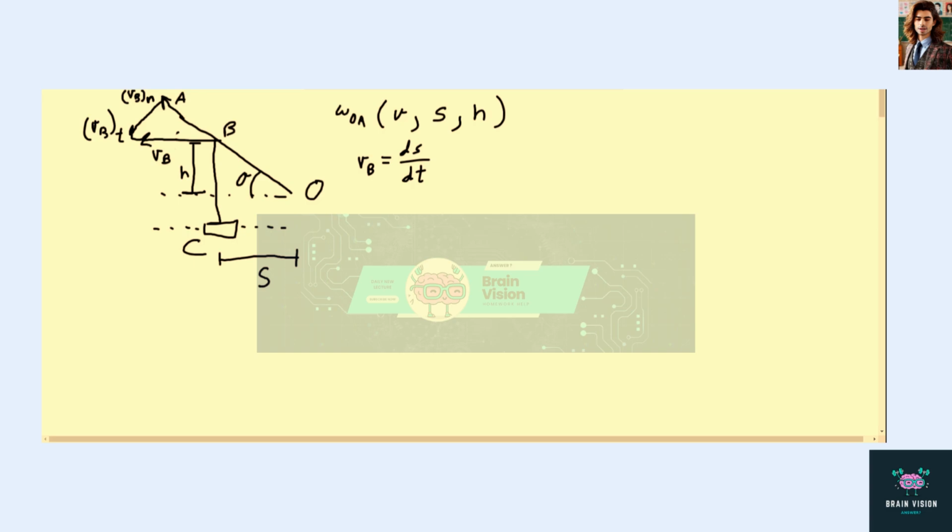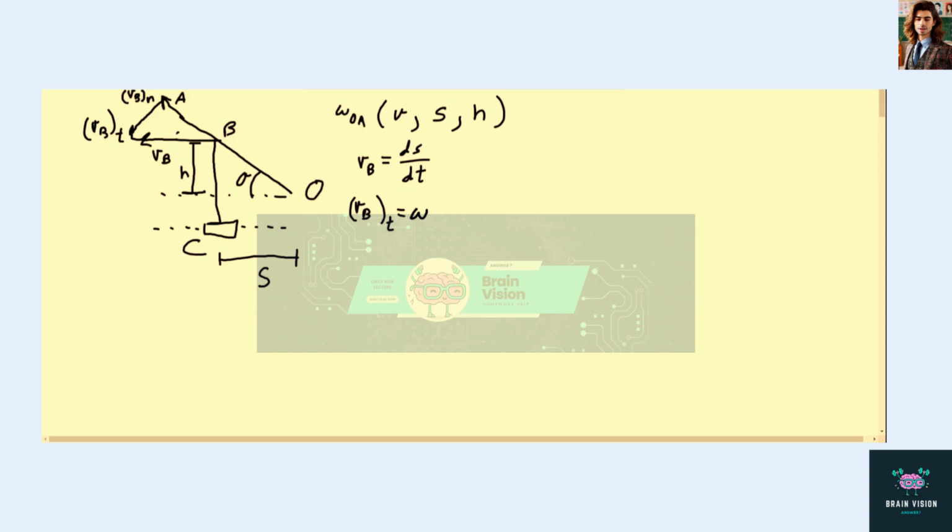So we can rewrite these then. VBT will just be the angular velocity times the radius, which will just be the length between O and A. So I could write that as L, but we don't know what L is.